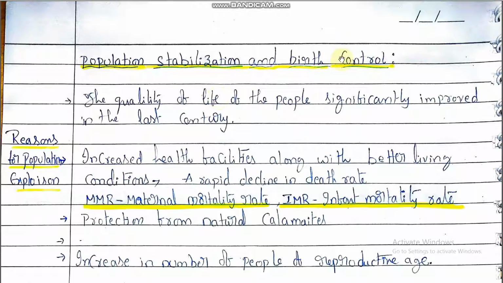So, population stabilization and birth control: the quality of life of the people significantly improved in the last century. What is the reason for population explosion?